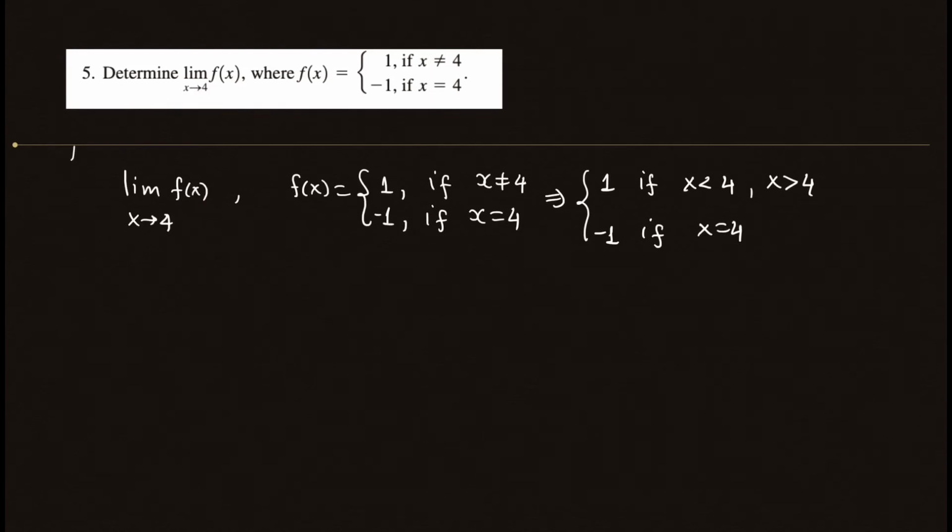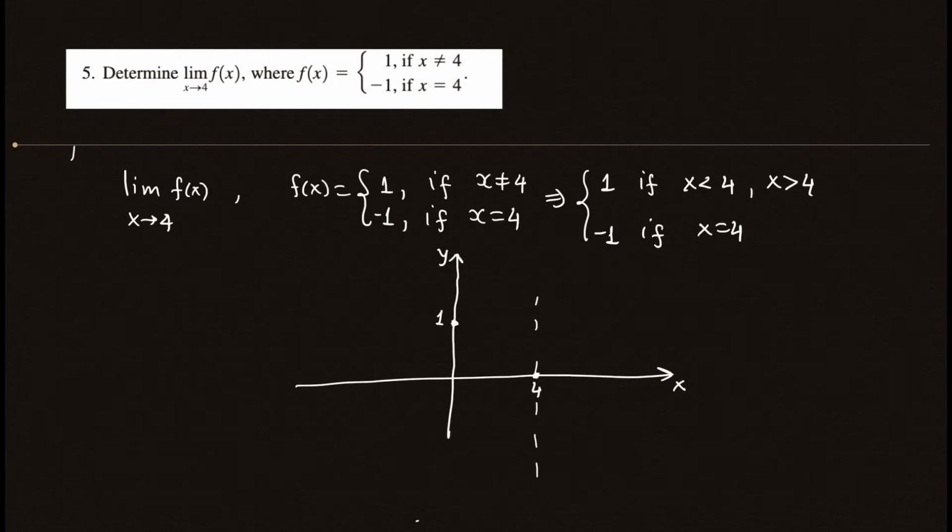If you were to plot it, at x equals 4 here, you have 2 y's, and you have minus 1. Now, if x is less than 4, you have 1, right?